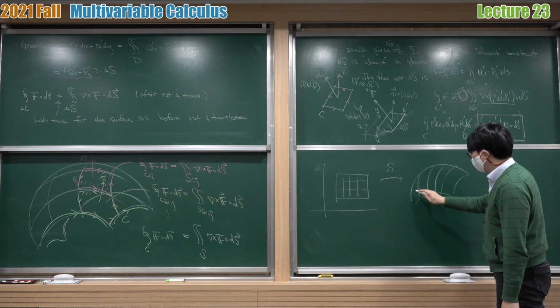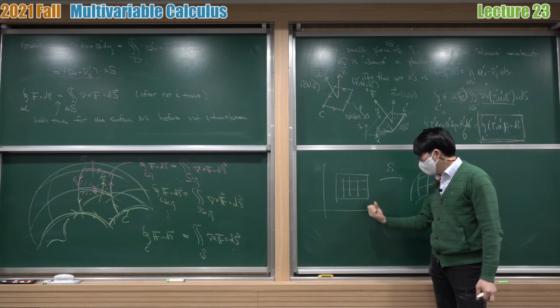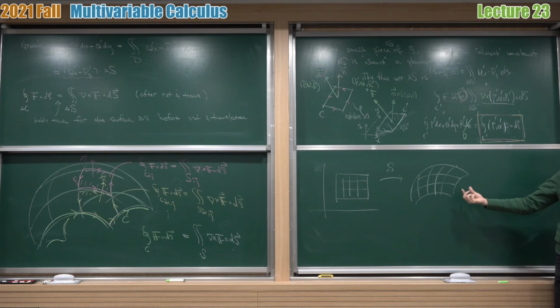So if the parameterization is defined on this rectangular domain, then it should always be a parallelogram shape for each piece of this subdivision.